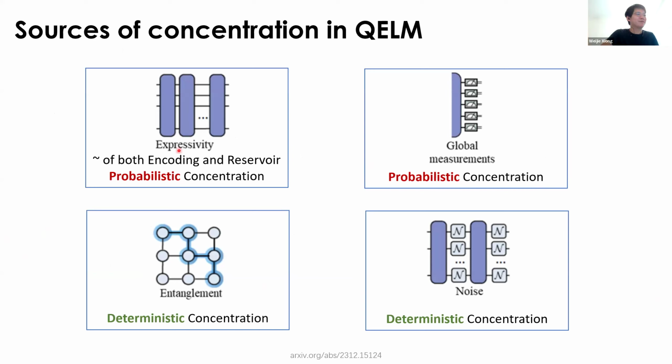The expressivity of both encoding and reservoir unitary will lead to a probabilistic bound. The global measurement will also lead to a probabilistic bound. And the entanglement of the state before measurement, as well as the noise, will lead to a deterministic bound.